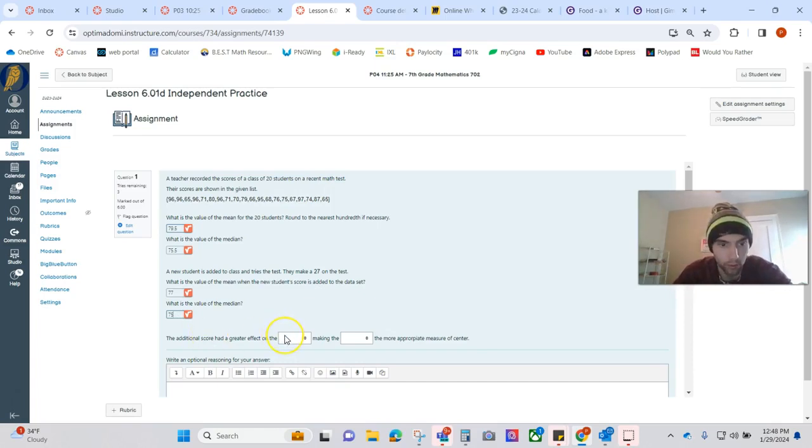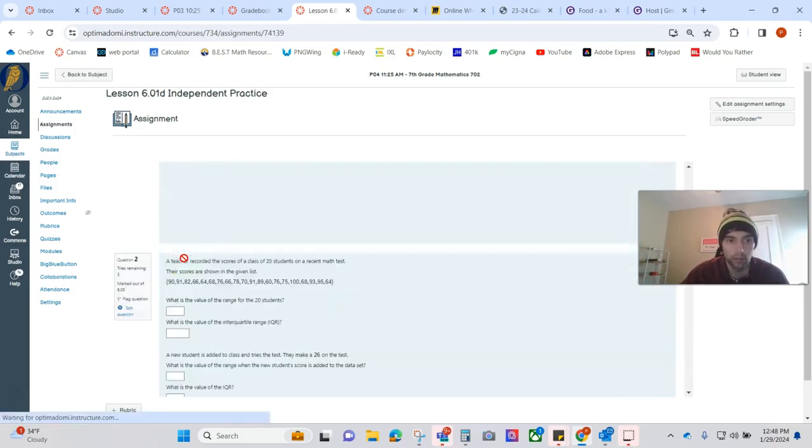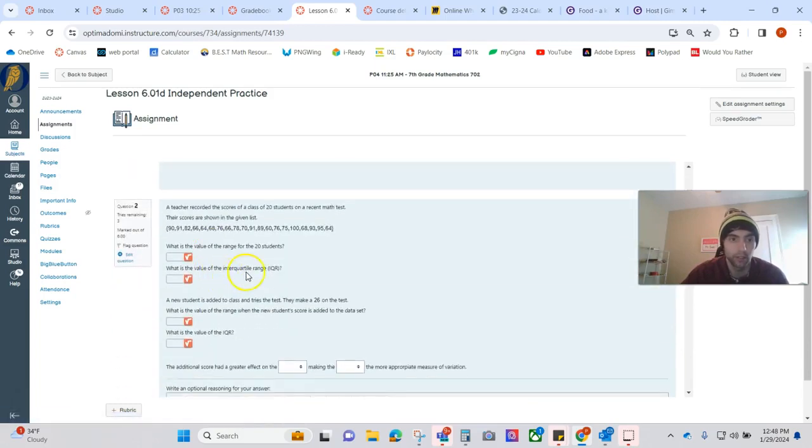The additional score had a greater effect on the mean, making the median more appropriate of a center. When there is an outlier, median is the best measure of center because it changed the least. To check. Yes. Okay, question 2.